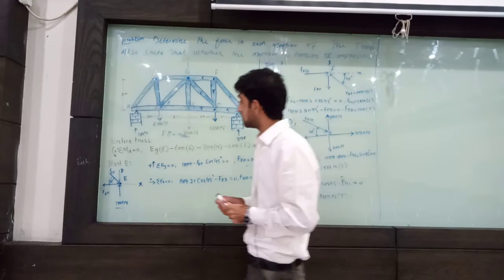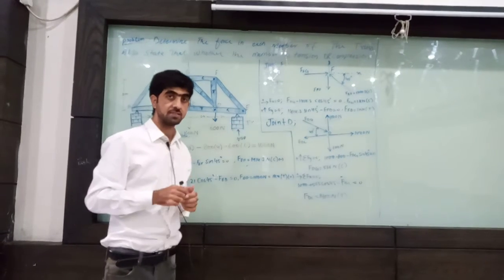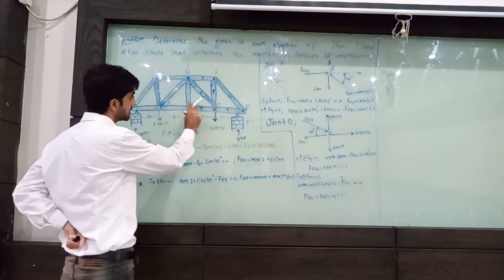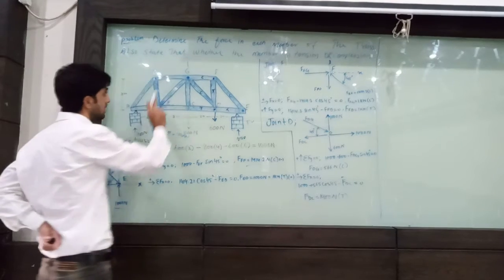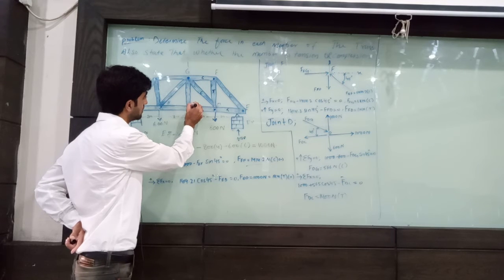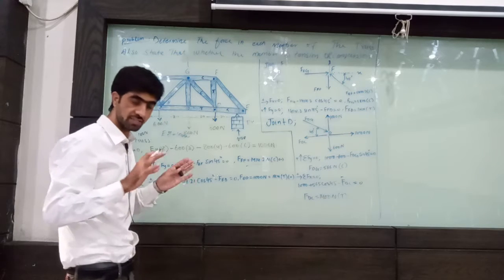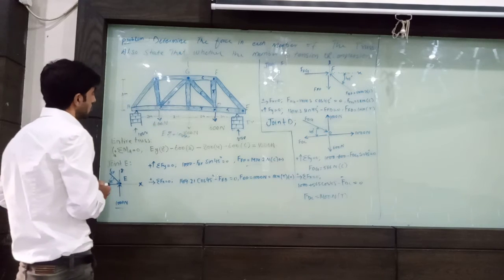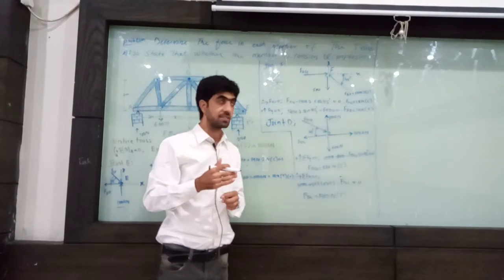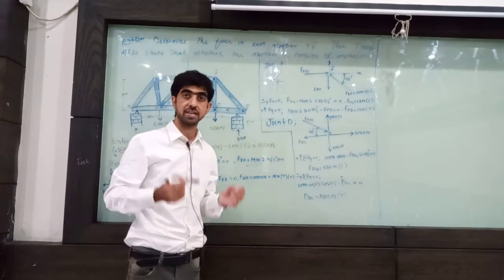First of all, this is joint A, and this is B, C, D, E, F, G, H. Different joints are available in this truss. So let's start the step-by-step calculation of the reactions and the compression and tension.